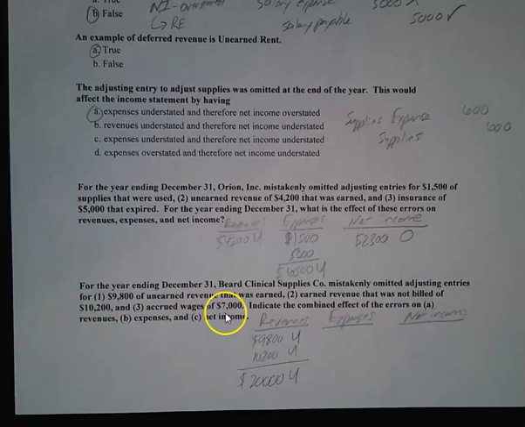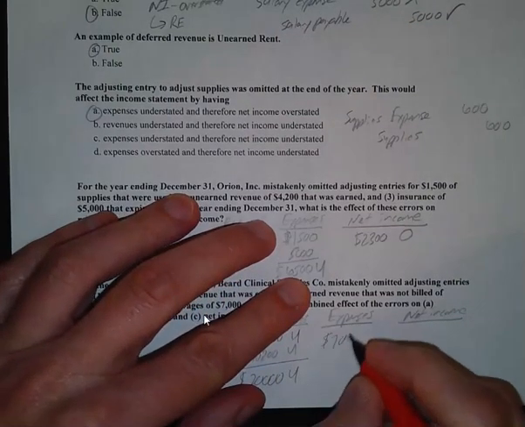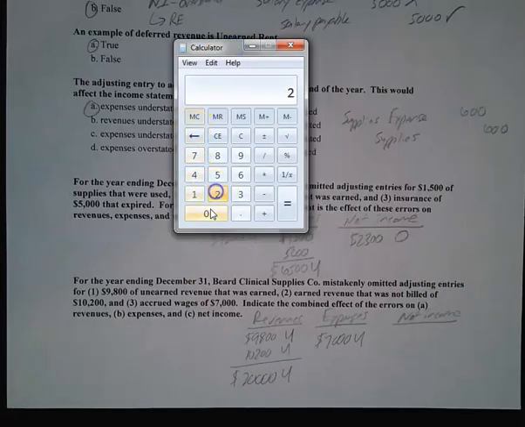Accrued wages of $7,000, that would be wage expense, but we never recorded it. So we have expenses of $7,000 that are understated. Okay? So, what is the impact on net income? Well, we're going to subtract. We have revenues of $20,000 that we did not record, so that's bad.